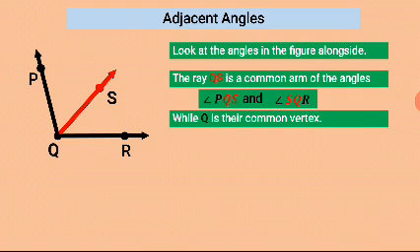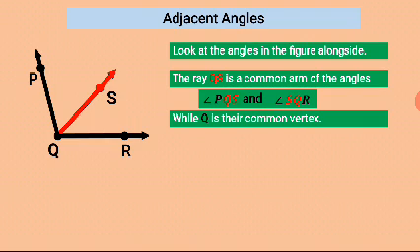Got it? Understand carefully. QS is a common arm and Q is a common vertex of these two different angles, but the interiors are different. Such a pair is called an adjacent angle pair. अशा प्रकारची जोडी मिळते ज्या अँगल मध्ये वन कॉमन आर्म, कॉमन वर्टेक्स and interiors are different.